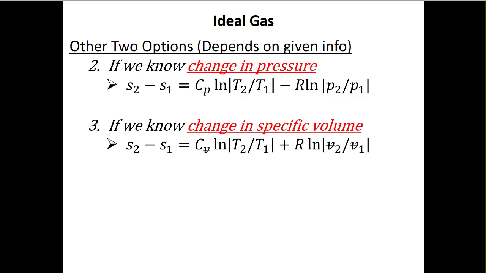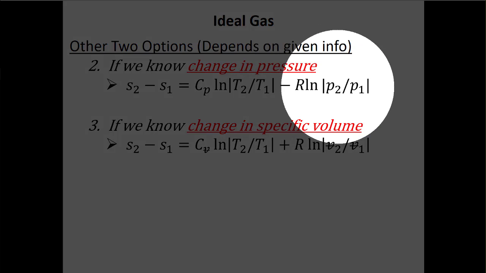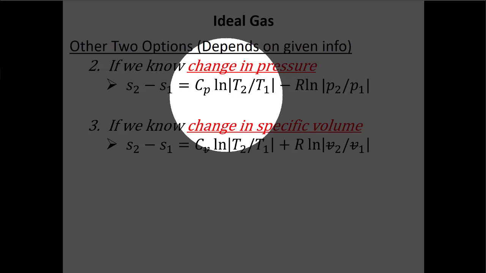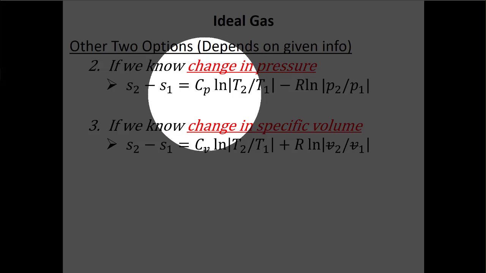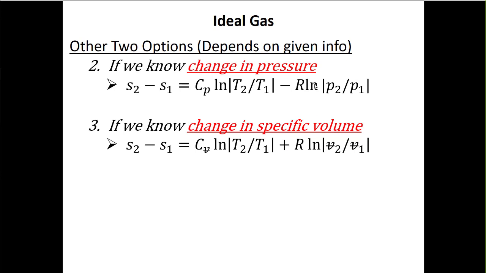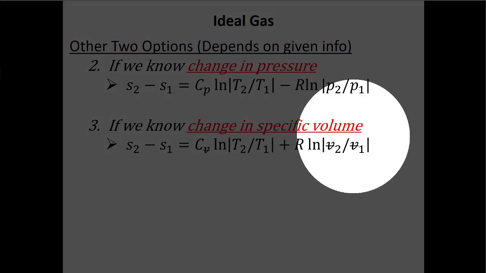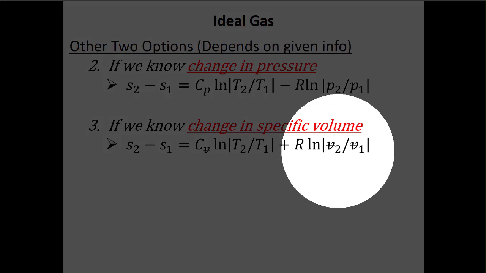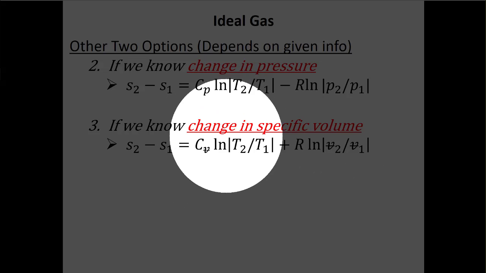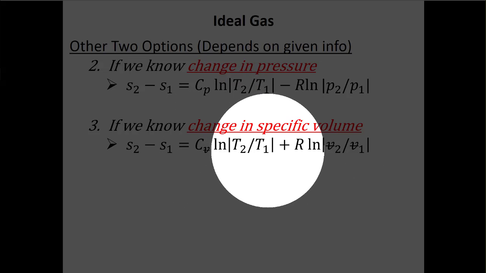The way that I remember this, although it's on the equation sheet, so that's the best way to do it, is that for open systems, we're normally talking about pressure differences and also delta H, and delta H is Cp times delta T. So I remember that Cp is the one that's with pressure. And Cv we use typically when we're talking about volumes. So notice that here the volume is going in there. So this is Cv times the natural log of T2 over T1.